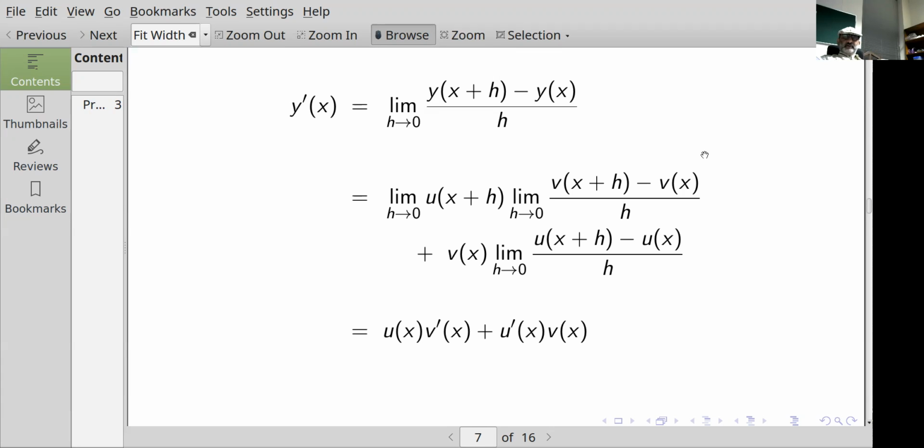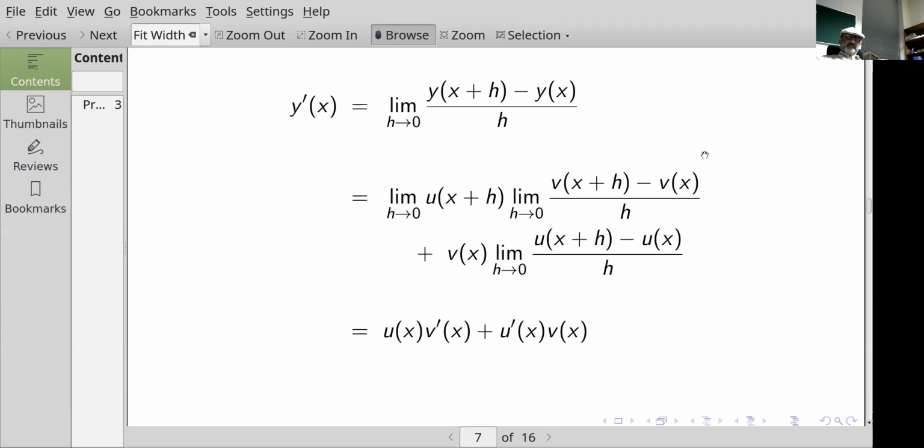So you get that the derivative of u times v is equal to u times the derivative of v plus the derivative of u times v, provided that these individual limits, derivative of u and derivative of v, exist.